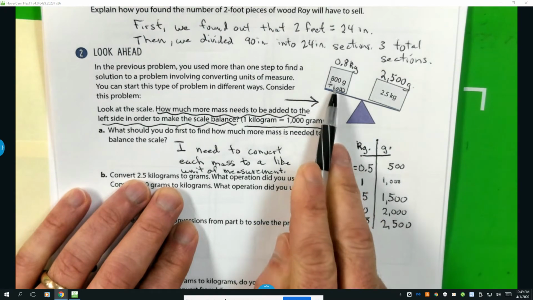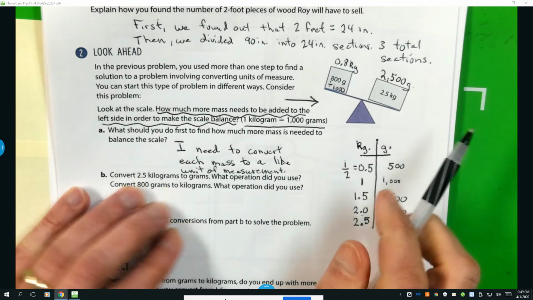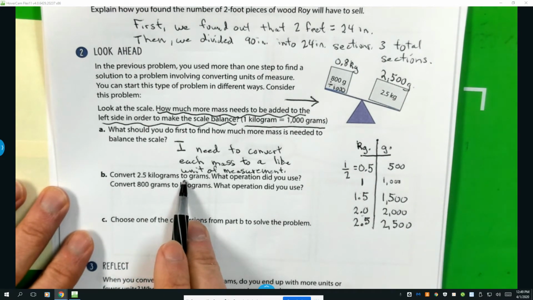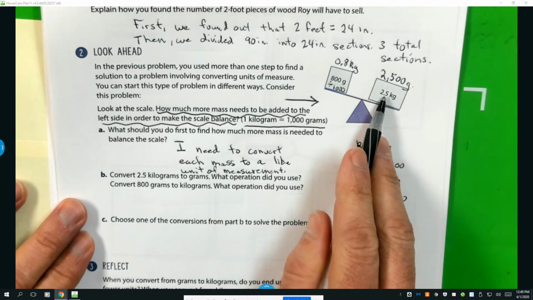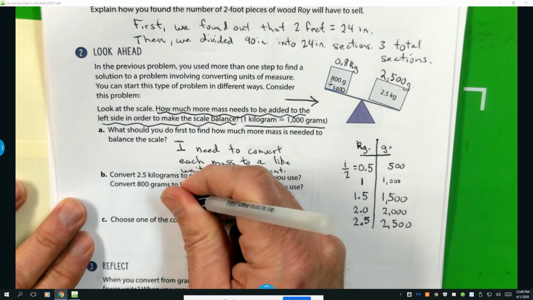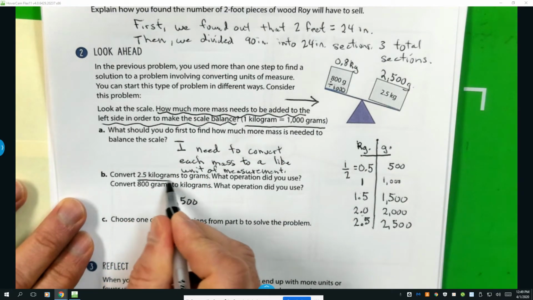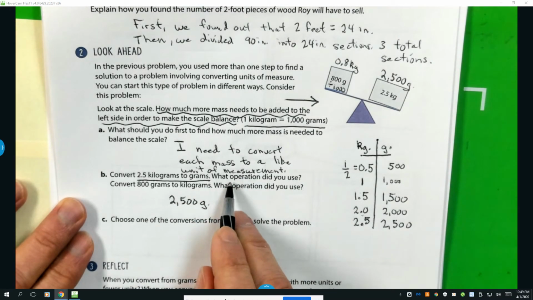So you can't do 800 grams minus 2.5 kilograms unless you convert it. Okay, so convert 2.5 kilograms to grams. So if I wanted to do that, that would be 2,500 grams. What operation did I use?